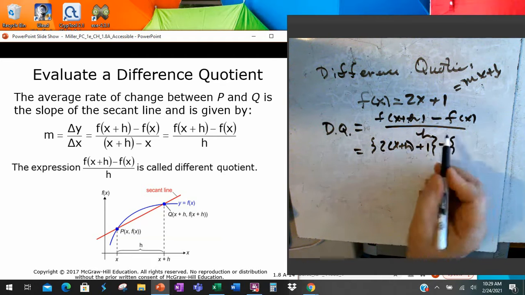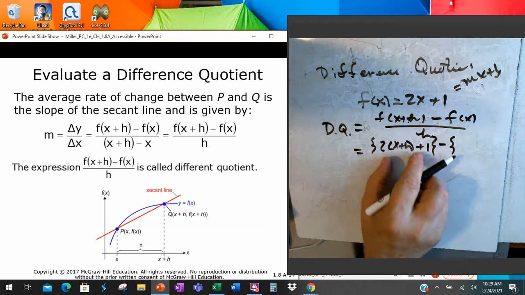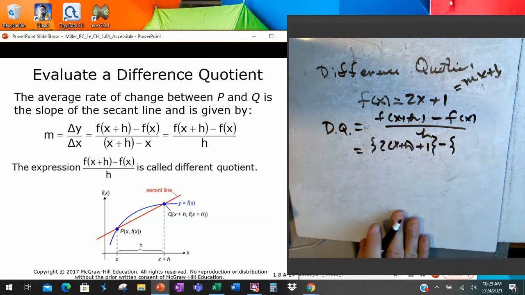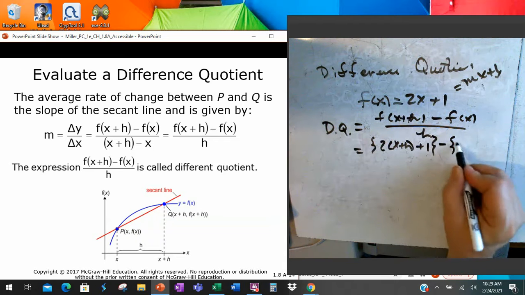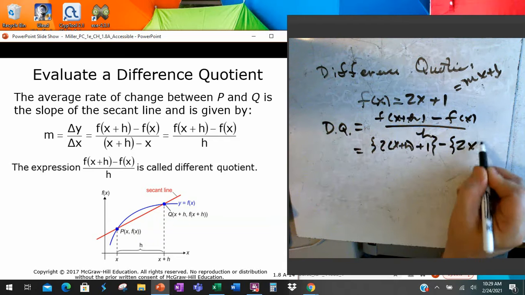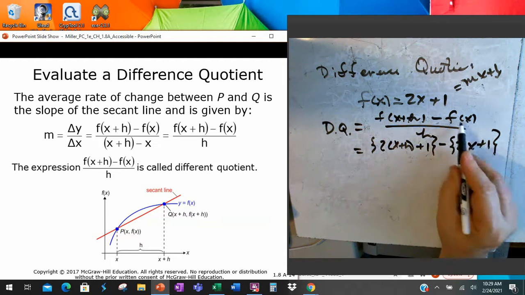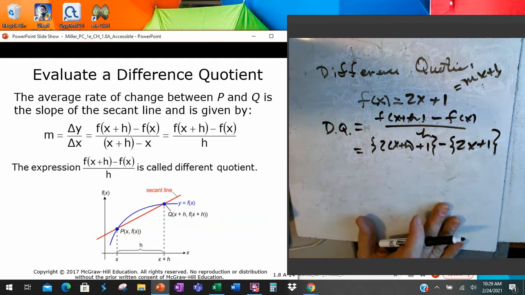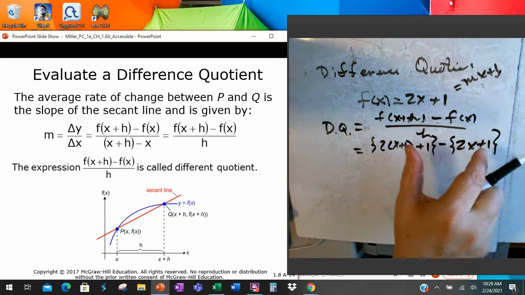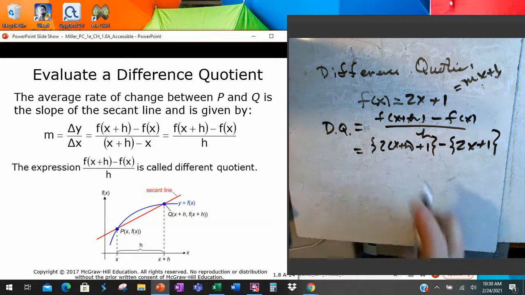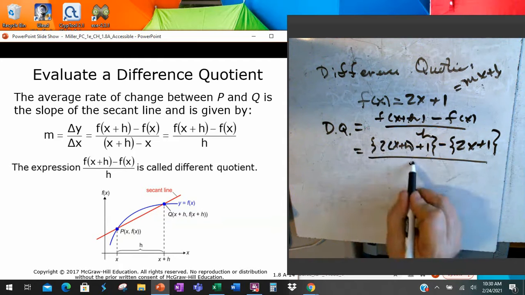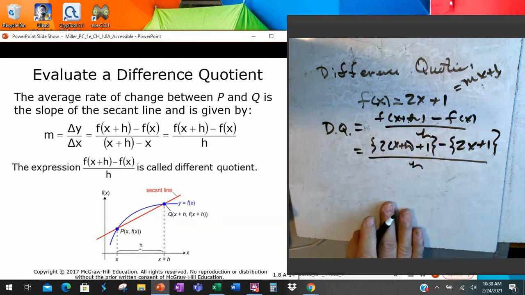Minus, and I'm using a curly brace instead of parentheses because I've got parentheses where the x is. Minus f of x, that is just the 2x plus 1. That is just f of x. So subtract off the original. So this has gone through a change of height, okay? And then we're going to divide by h in just a second.